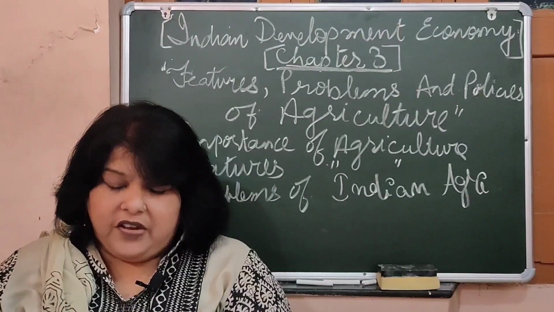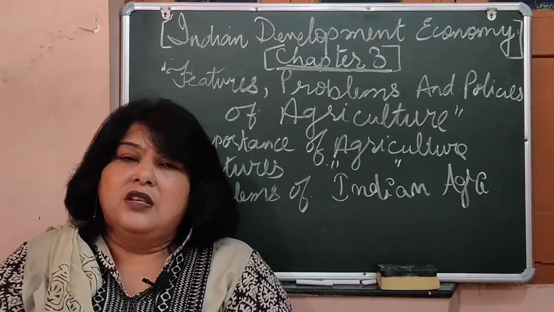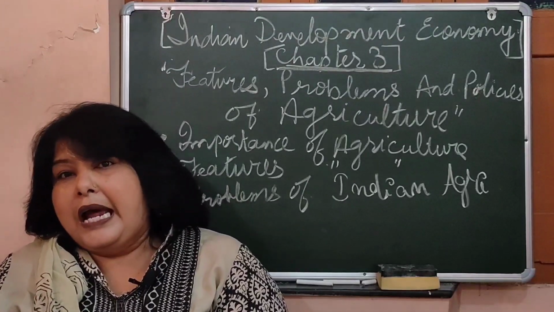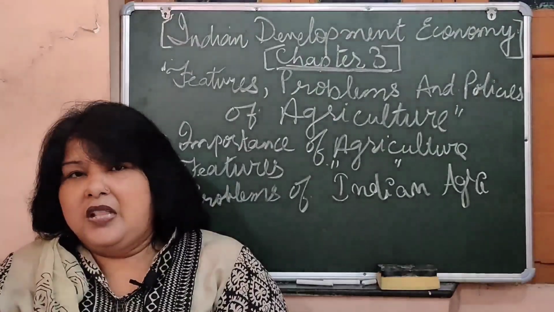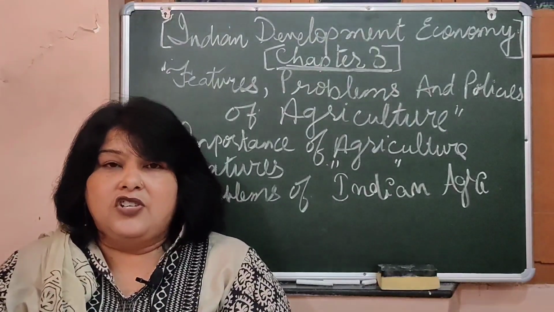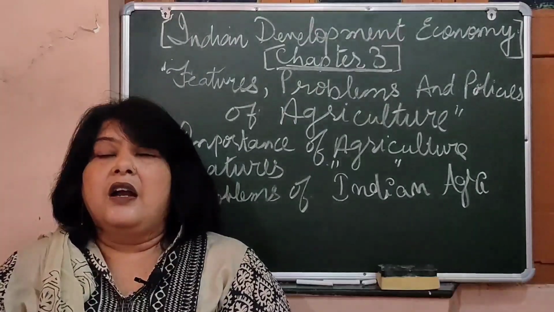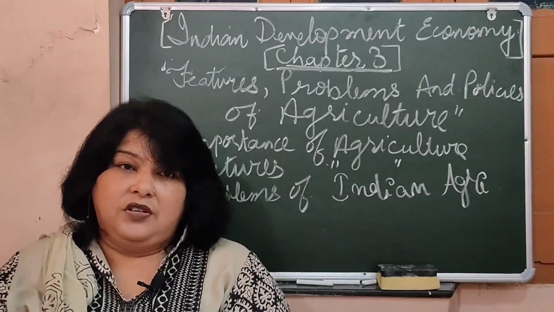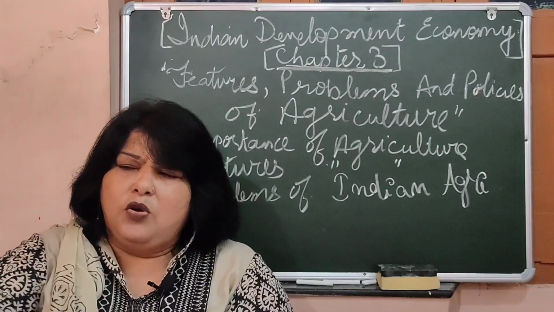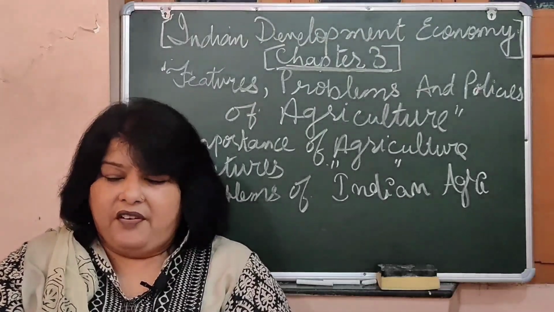Then comes the exploitive agrarian relation. Exploitive agrarian relation means the relation between the landholder, that is the zamindars, and the tiller of the soil, that is the farmers. The relationship is very crucial, and here they have a very exploitive nature. Maximum part goes to the landlords or the zamindars as a payment of rent.